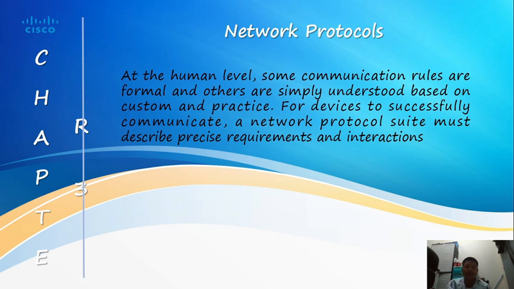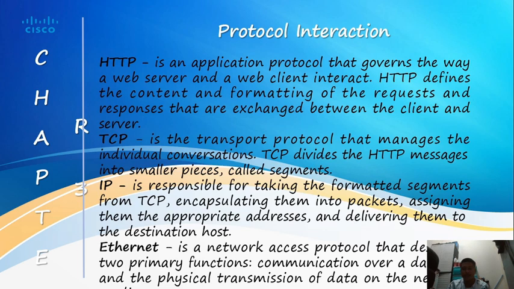So, network protocols. What are network protocols? At the human level, some communication rules are formal and others are simply understood based on custom and practice. For devices to successfully communicate, a network protocol suite must describe precise requirements and interactions.